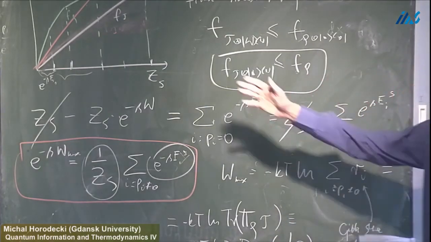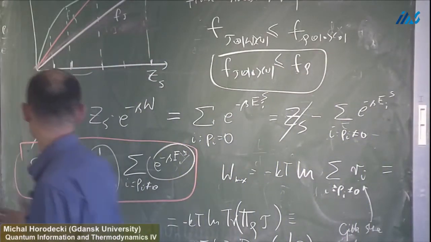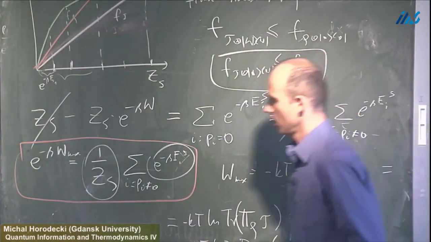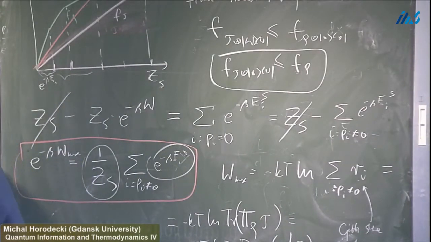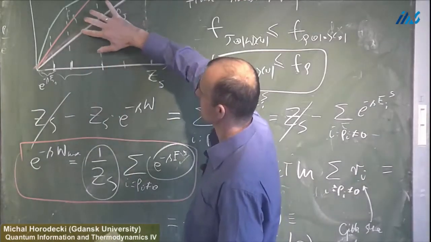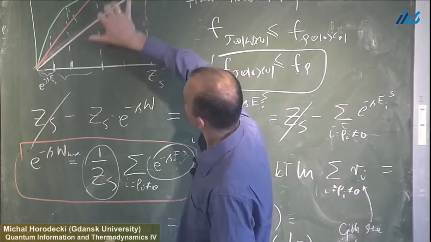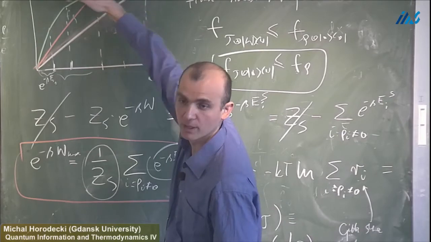Okay, so you see that this diagram criterion allows us to compute the maximal work that you can draw from a system. Then you can ask, well, the homework was to compute the minimal work you need to build a system. I will only tell you that if you want to build a system out of a Gibbs state, then you add work to the Gibbs state until it is above this diagram. Then you can create rho.